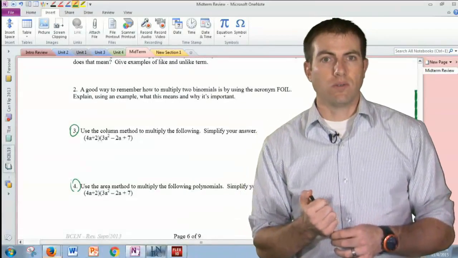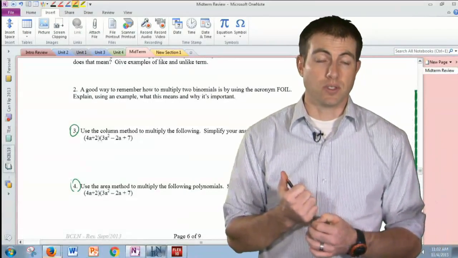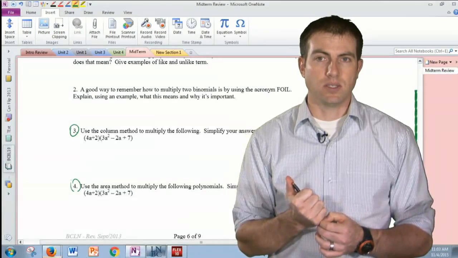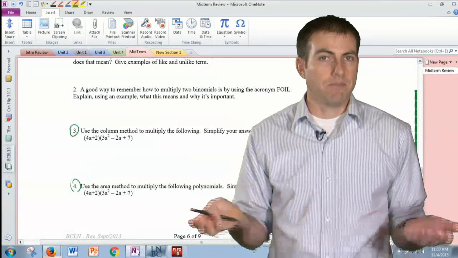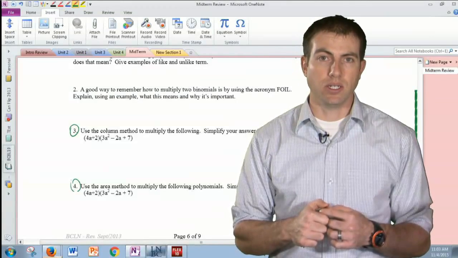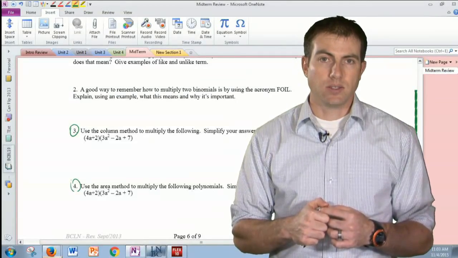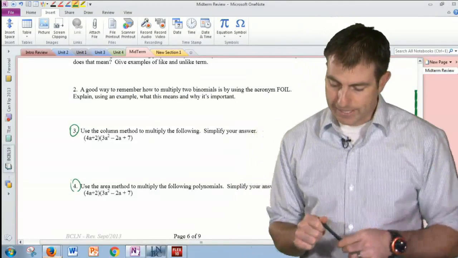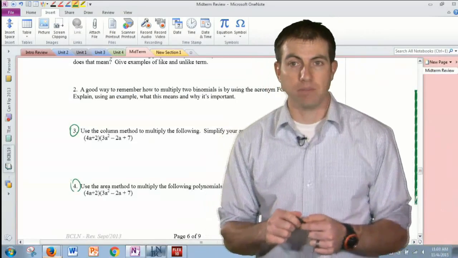It's really difficult on a provincial exam or even a test for somebody to say you must do it this way. You can do the question however you want. There's no requirement for you to do it one particular way. So if you can expand these, just expand them.